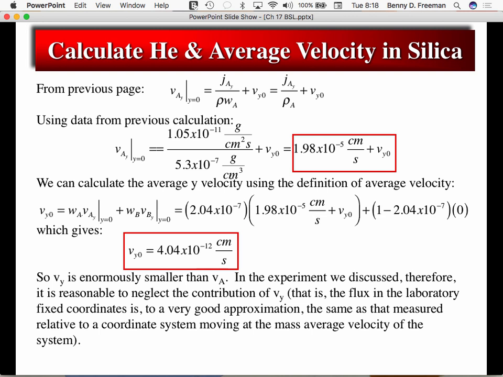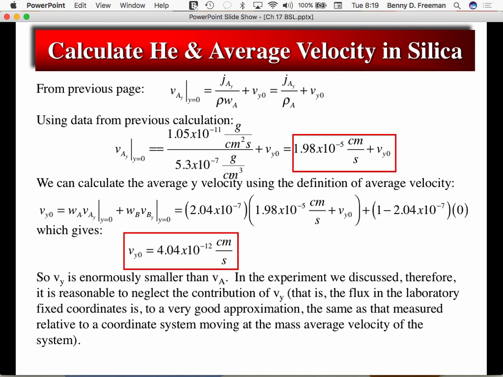So we rewrite the mass concentration of the helium in terms of the density and the mass fraction of helium, and we can calculate this velocity of helium at the bottom of the plate. We can calculate the average velocity using the definition of average velocity, and what we find then is that the mass average velocity in this system is on the order of 10 to the minus 12th centimeters per second.